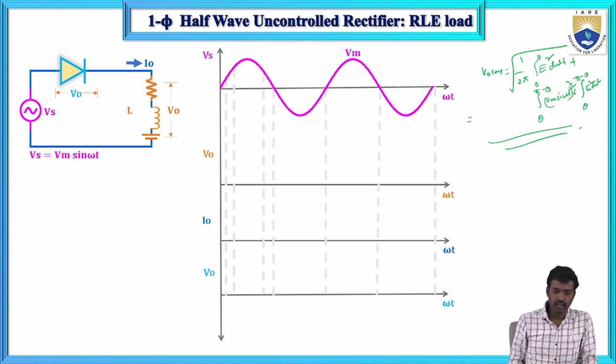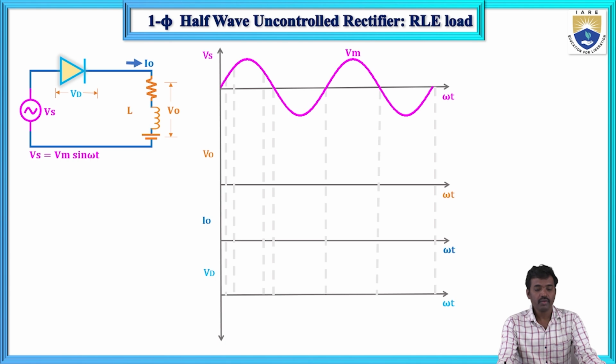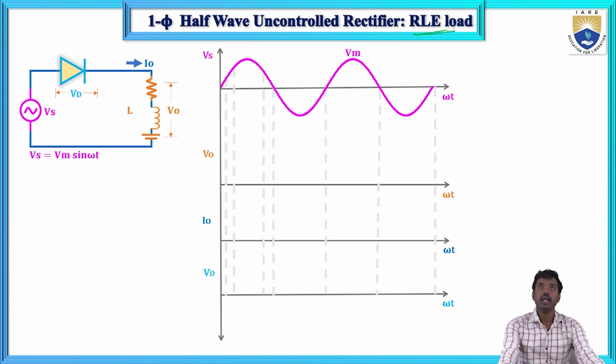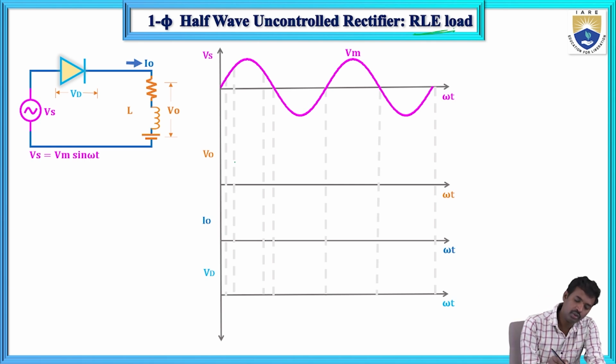And now next, the next case is the RLE type of load. In the RLE type of load, same diagram. It is conducting, so this is the E only.